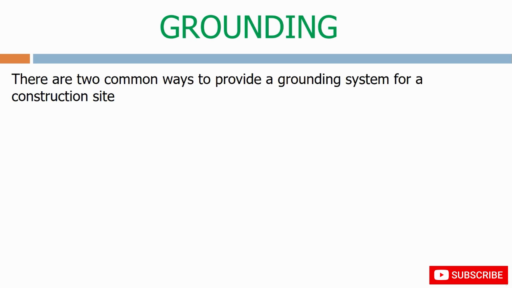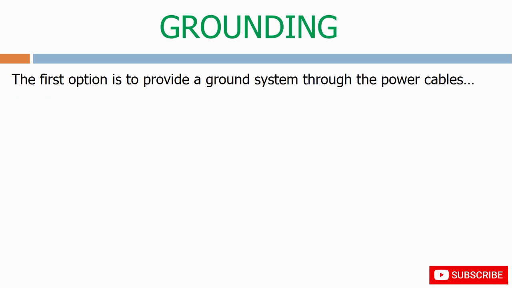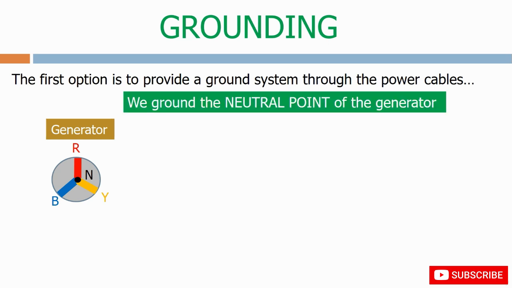There are two common ways to provide a grounding system for a construction site. The first option is to provide a ground system through the power cables. Here we have a typical three-phase site generator. We ground the neutral point of the generator.